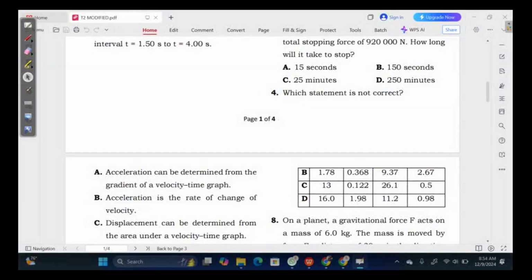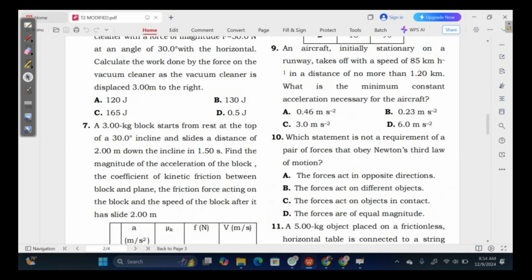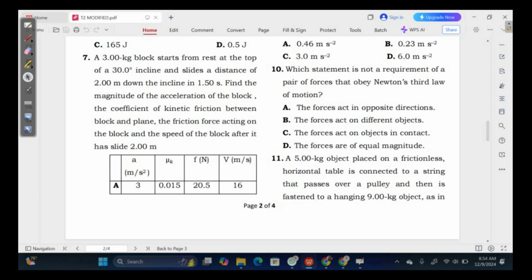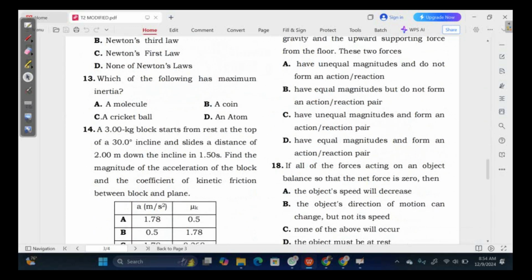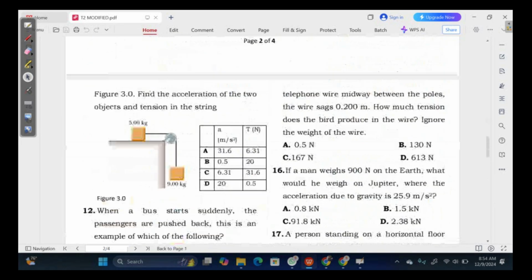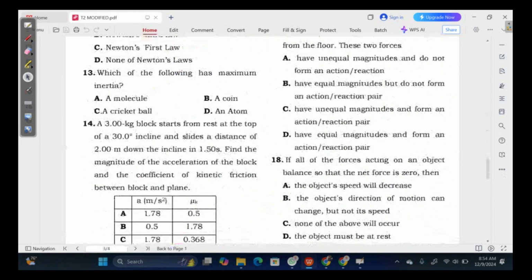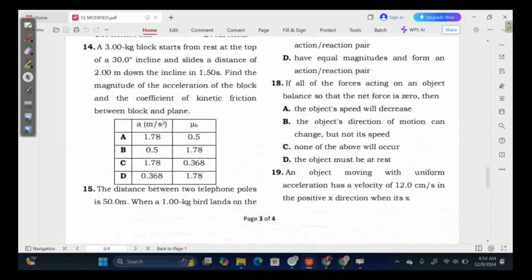You remember? The acceleration is 1.7. The coefficient is 0.368. So here they said this is the same question, find the magnitude of the acceleration of the block and the coefficient. Acceleration we found 1.78. So they repeated the same question. So the answer is C.